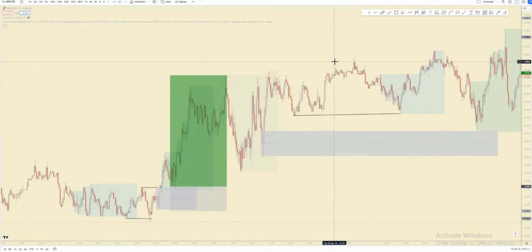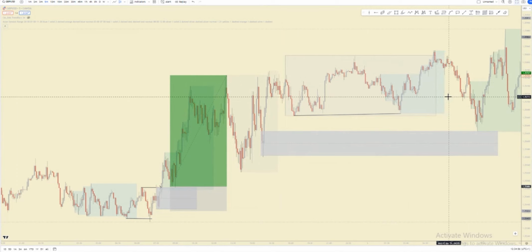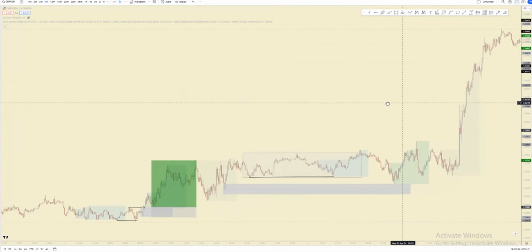So this is which case? It's a case B, but is it case 1B or case 2B? It's not a case 1 because Asia did not consolidate. So it's a case 2B where Asia failed to tap into that demand zone, but it was trending to the upside. So we know we are buying. But then it didn't tap into a demand zone. London did. Did this play out? Of course it did.